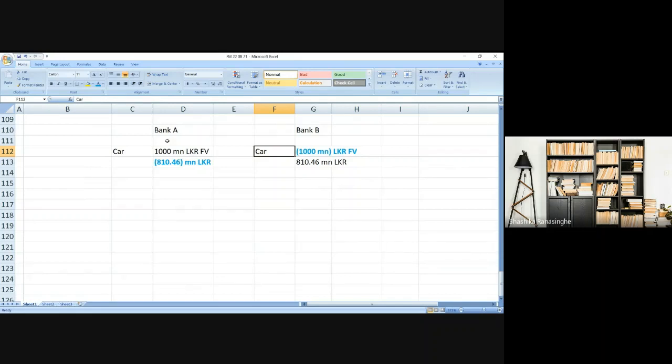For the payment to go through, both the car and the money should be there. Or in other words, the bond and the money should both be there. Unless both are there at the same time, this payment will not go through. Understood? So it's called DVP RVP settlement process. Clear?